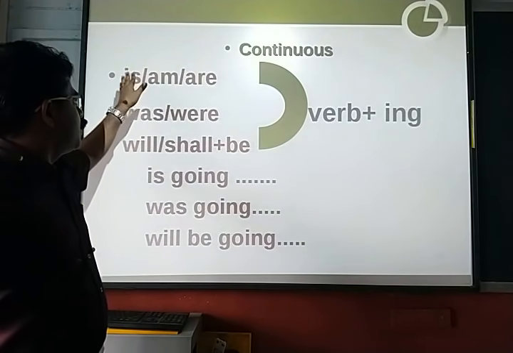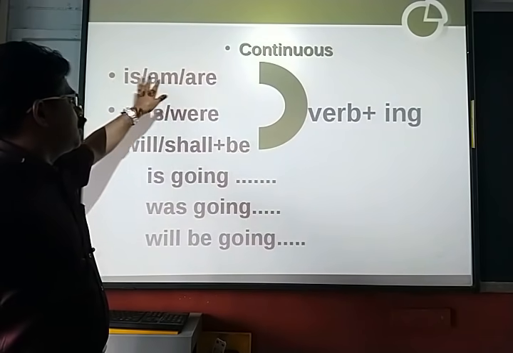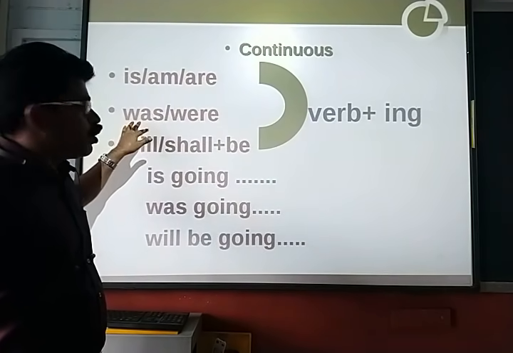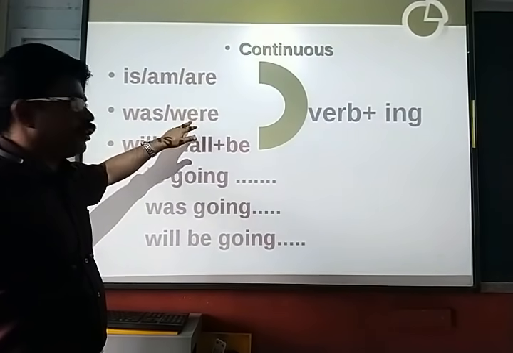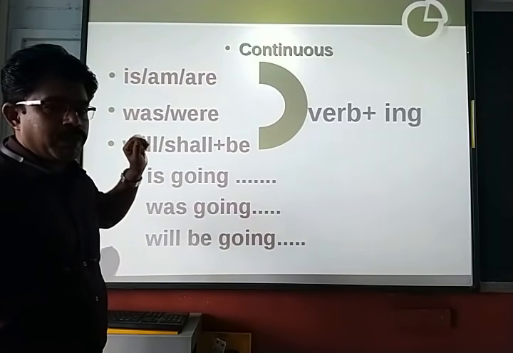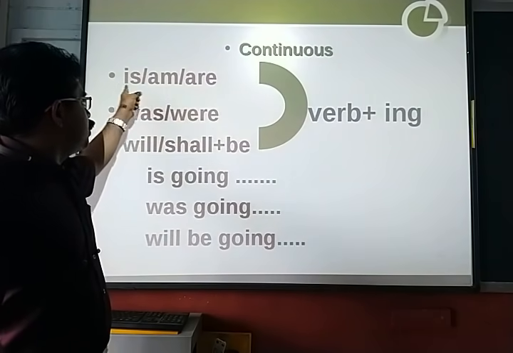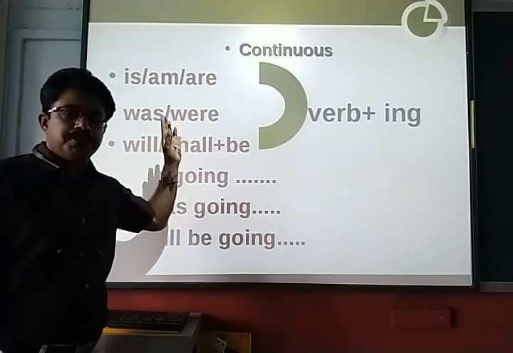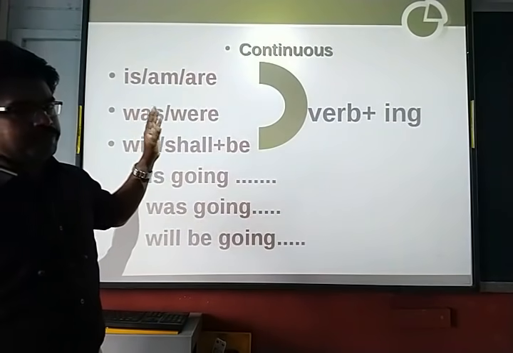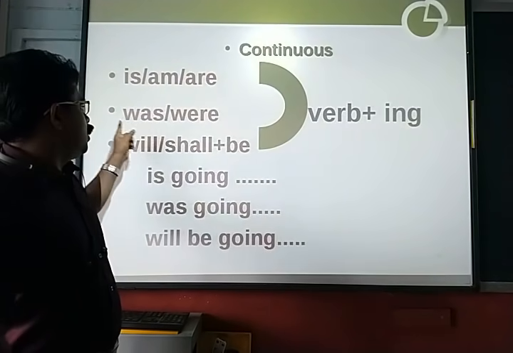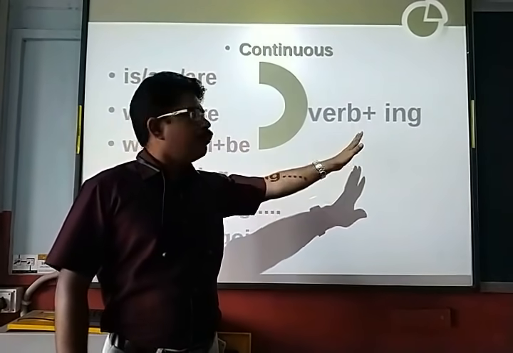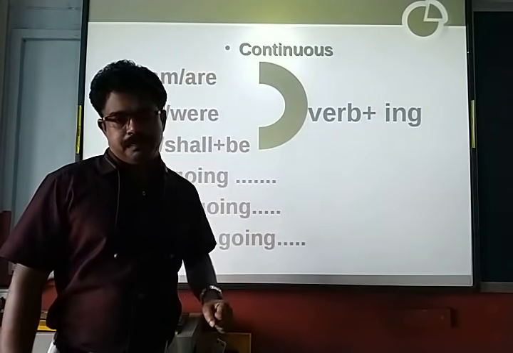In the same way, where we use is and are, that will automatically change. Is changes into was, and are changes into were. That is the only difference we see in the structure. So naturally we have the structure was or were plus the ing form of the verb.